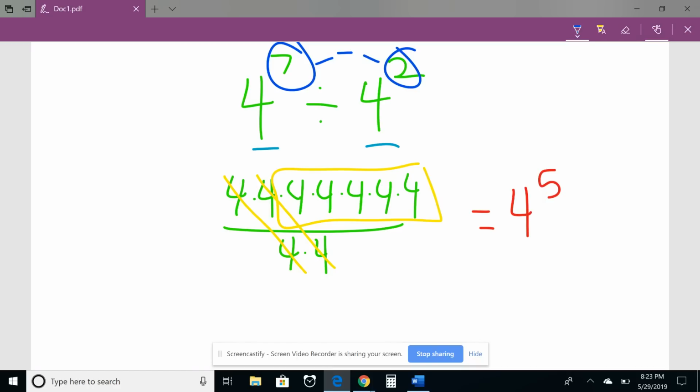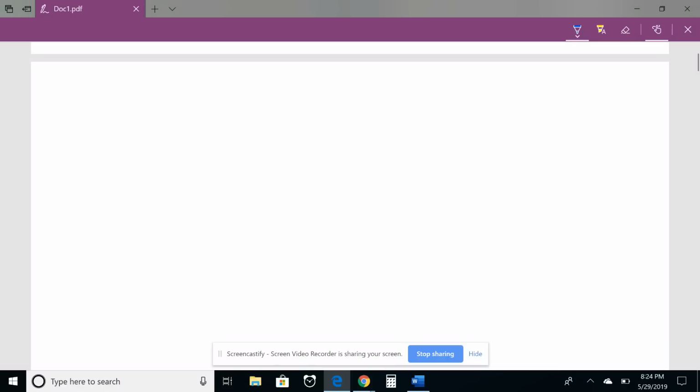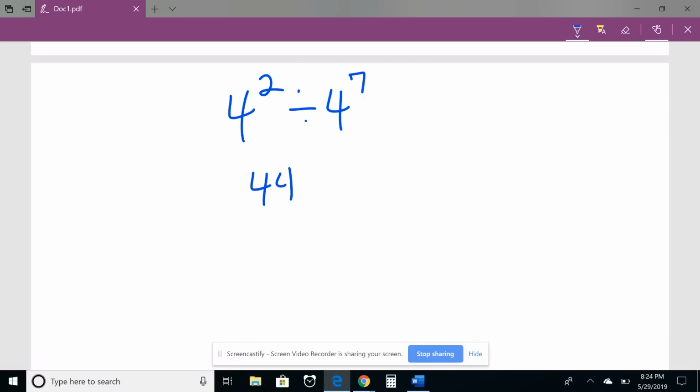Now, say I had it the other way around: 4 to the 2nd divided by 4 to the 7th. So we would have 2 fours up top, 7 on the bottom: 1, 2, 3, 4, 5, 6, 7.